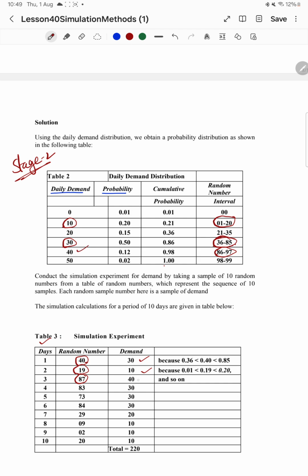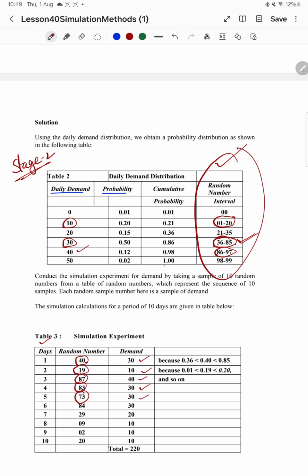So 40 was written. Similarly, the next random number is 83. 83 is in between these two. So its corresponding demand is 30. Next is 73. 73 is in between these two. Again 30. So likewise, you can check all these random numbers, and you can check the interval from this column.